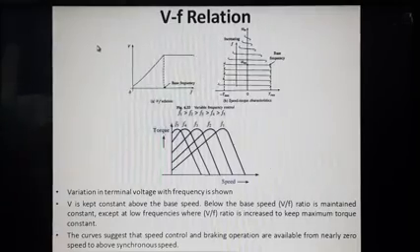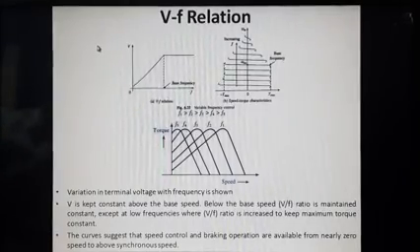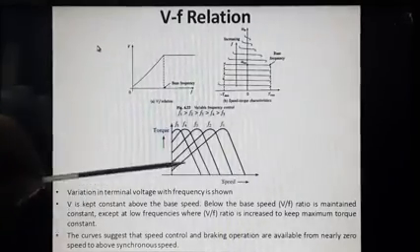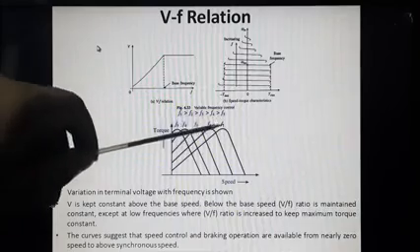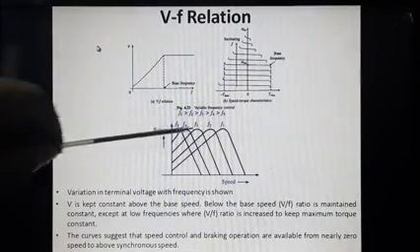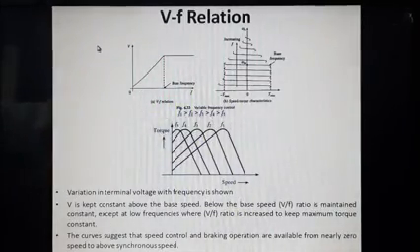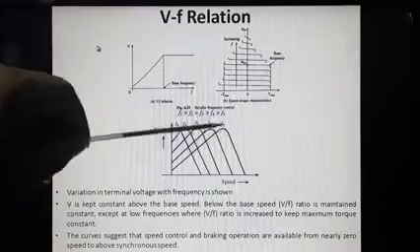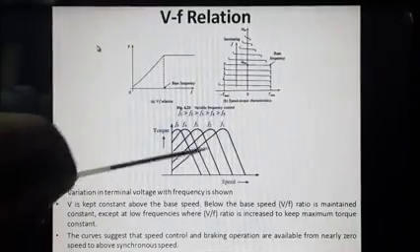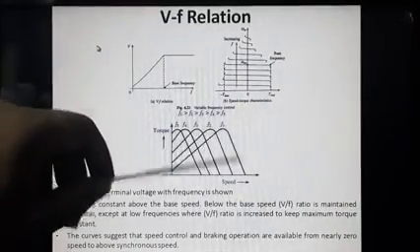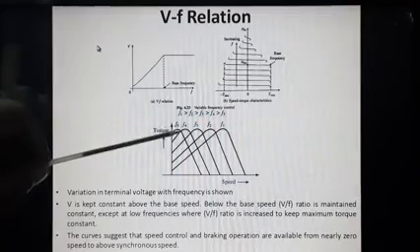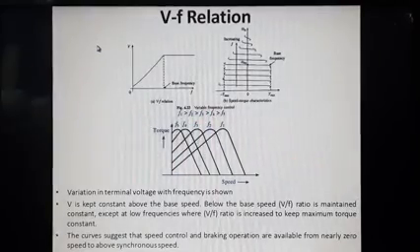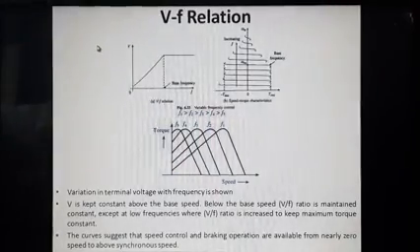This graph is actually indicating the speed control below the base frequency, because you will be able to see the Tmax value is always remaining constant for different values of frequency. So the maximum frequency here is f1, and the maximum speed you will be able to achieve also will be at f1 only, and at f2 the speed is decreasing, f3 also the speed is decreasing, f4, f5 the speeds are continuously decreasing.